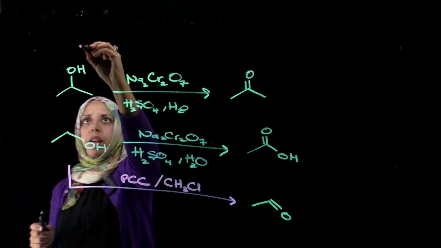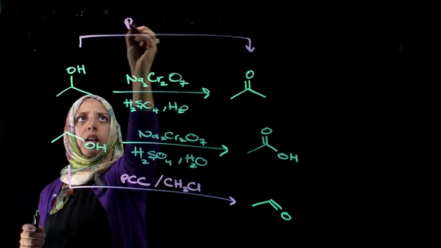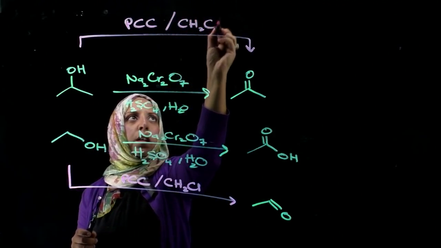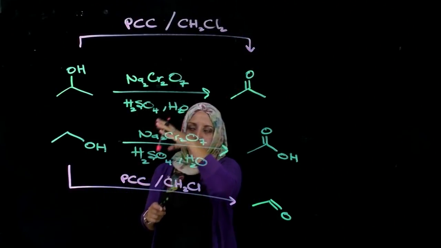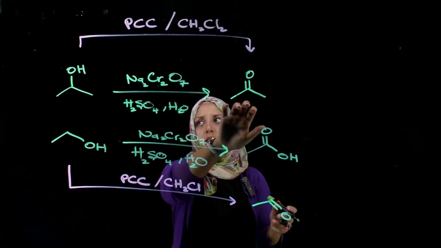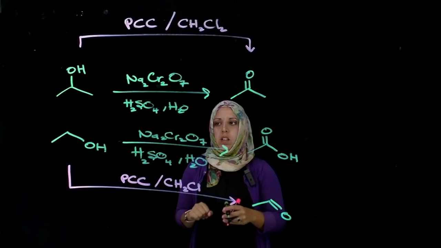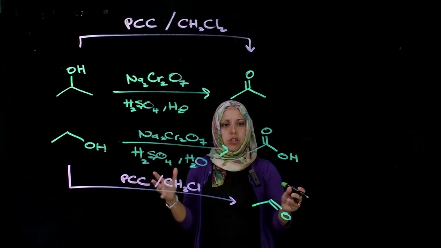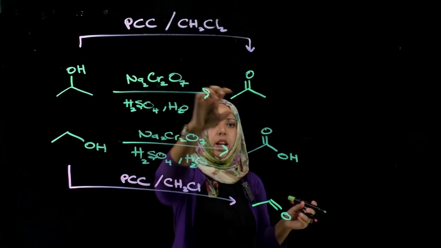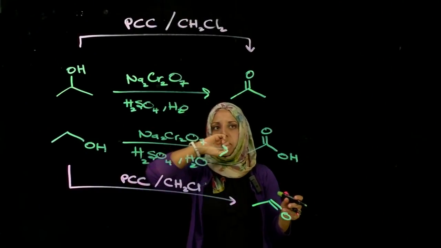If we use that same reagent for a secondary alcohol, it will stop at the ketone. You can only oxidize a secondary alcohol once. What if you have a tertiary alcohol? Perfect, you can't really oxidize a tertiary alcohol because you can't really add a double bond.